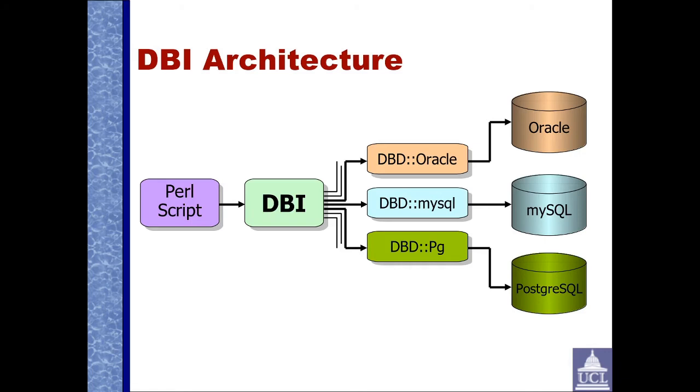DBI allows you then also to have multiple DBD layers, and that means that a single Perl script through a single DBI interface can talk to Oracle, MySQL and PostgreSQL, amongst other things, all at the same time.